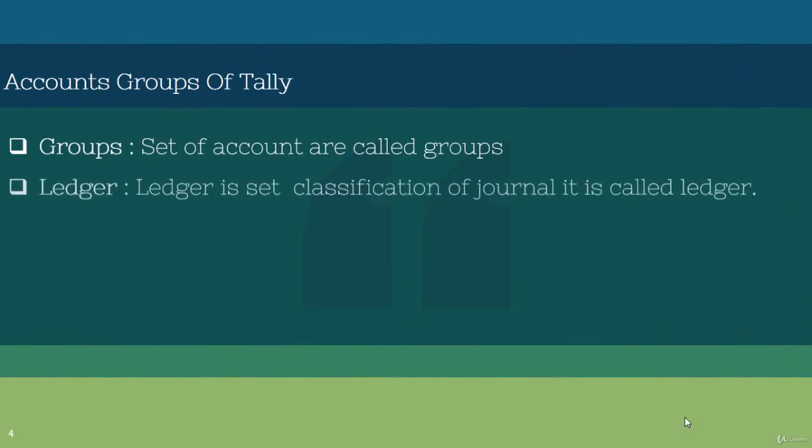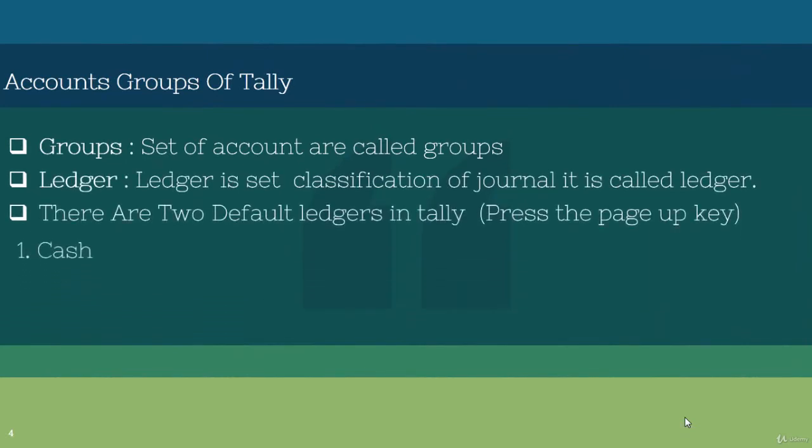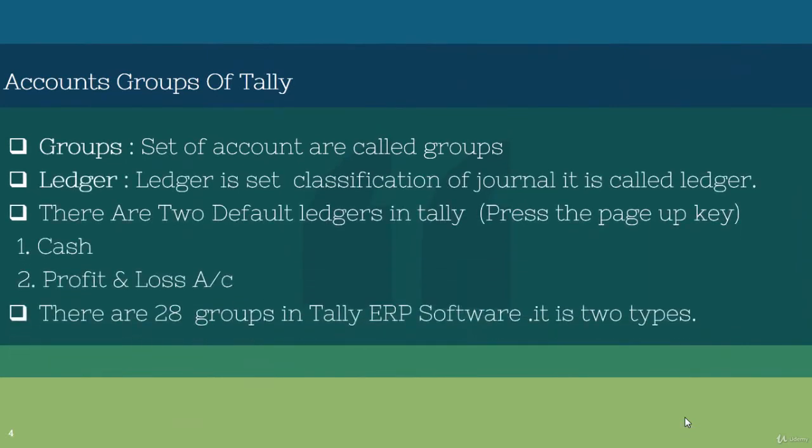And if you look at the accounts groups in Tally, there are two types of groups available in Tally software. The first one is the primary group, and the secondary group we are going to study in the next slide.